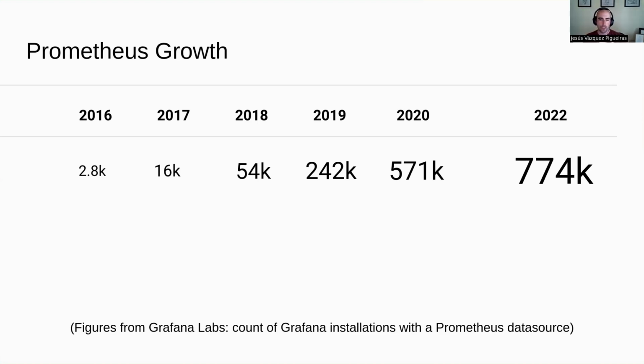So we are experiencing a great growth in Prometheus. And we are very happy about that. And also the amount of contributors on GitHub, the PRs, the activity on the CNCF Slack channel, it keeps on growing. So yeah, it's definitely a very active project, and it's growing a lot.